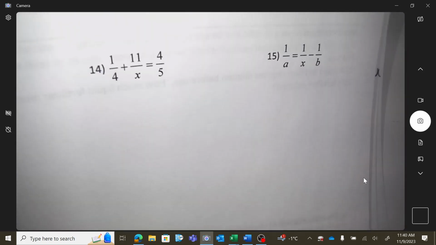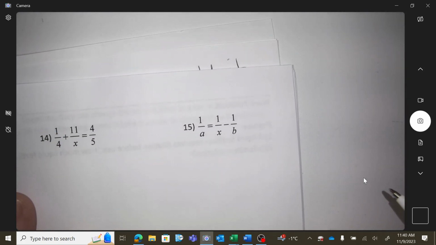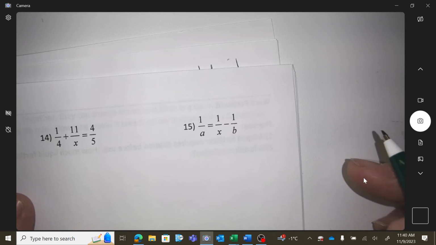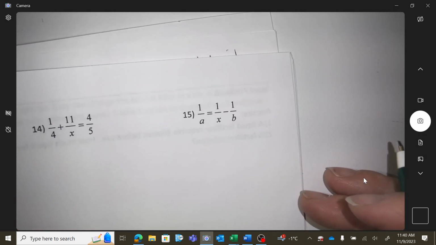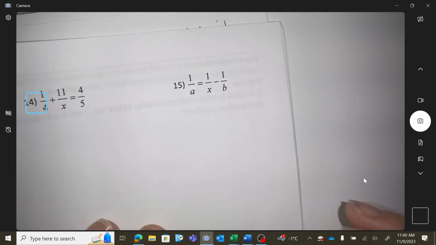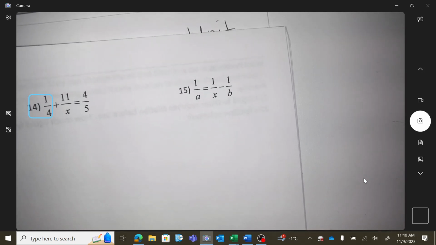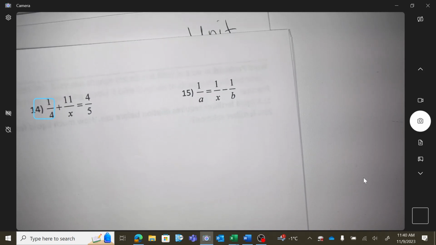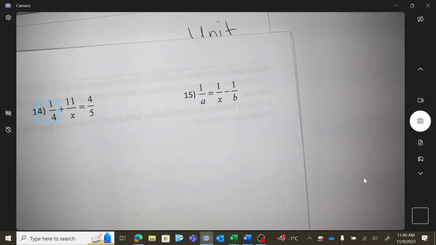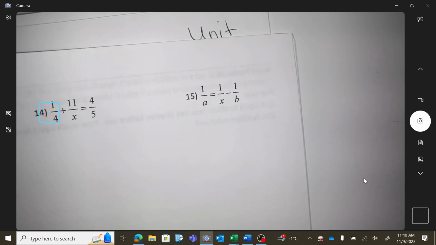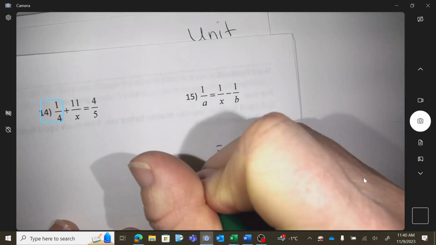That one looks hard. Okay, cross multiply or common denominator drop? Common denominator.